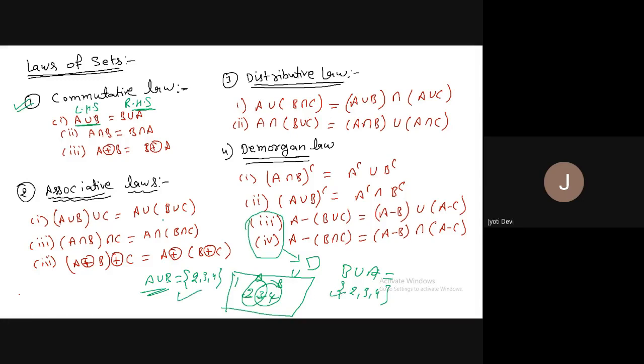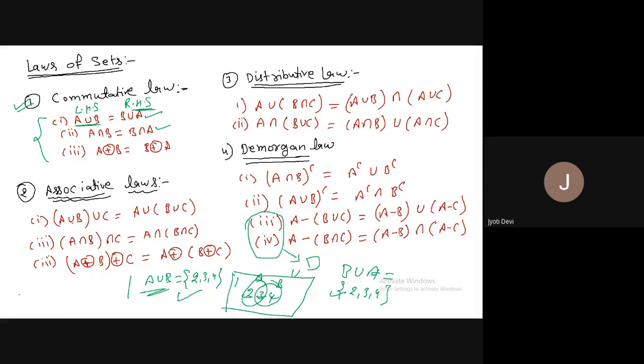So like this, you take an example or counter example and cross check whether this is right or wrong. So A union B equals B union A, A intersection B equals B intersection A, A XOR B equals B XOR A, all are equal, and all these operations follow the commutative law.